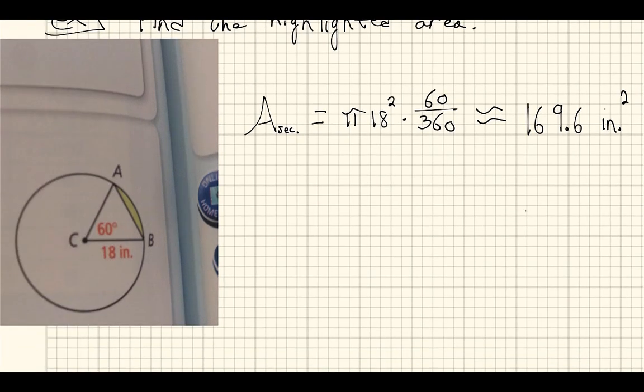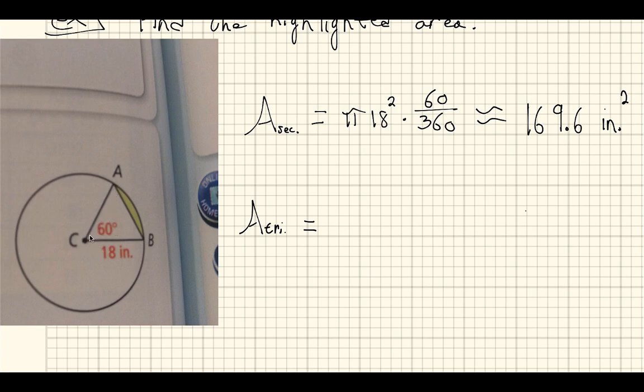So we want to take that, subtract this triangle area, and that's going to be my answer. So let's find what that triangle area is. We know the formula for the area of a triangle is 1/2 base times height. But remember in one of the sections, I believe it was 8.5, we had the 1/2 bc sine A formula, that trig formula, which we can use here because I know this is 18.